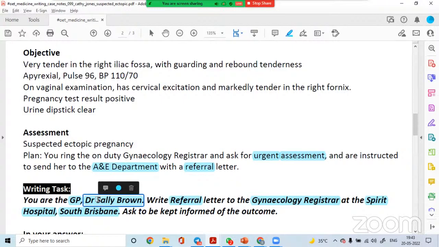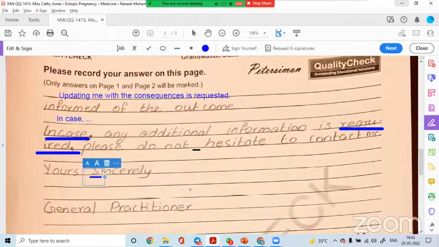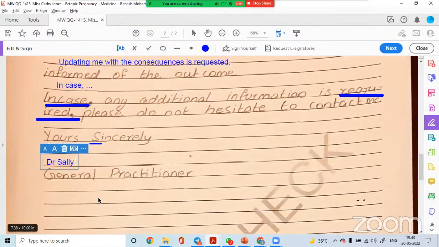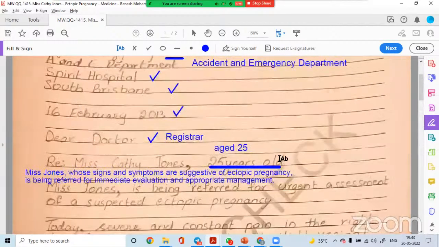You have to write Dr. Sally Brown. Should I write Dr. before GP? Your name is Sally Brown. So why did you not write that one? You have to write it there. Is that clear now? Yes, sir. So any more doubts? No, sir.